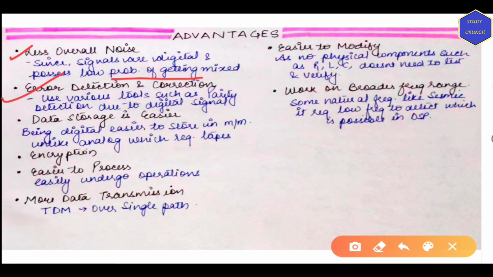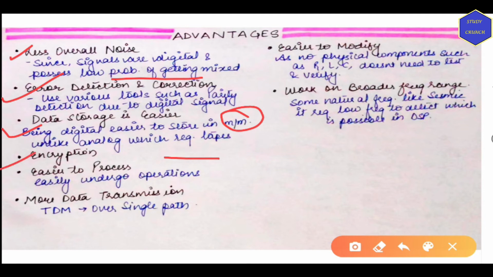You must have studied in ITC that we can use parity check to detect whether the signal has an error or not. Then data storage is easier. It can be stored in memories, as we were not able to store the analog signal, which was usually stored in those large tapes, right?